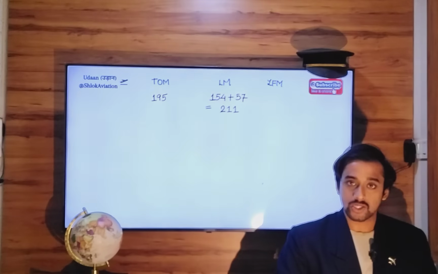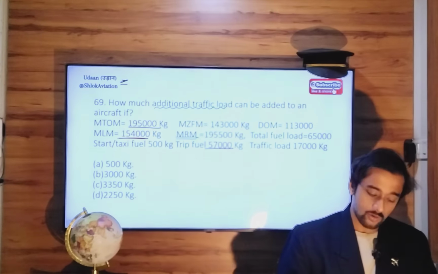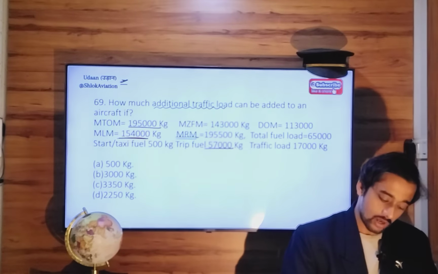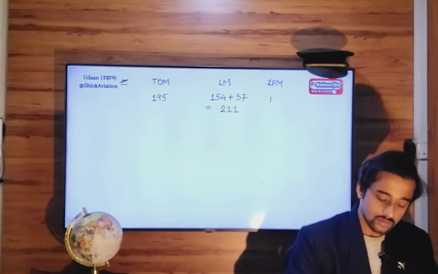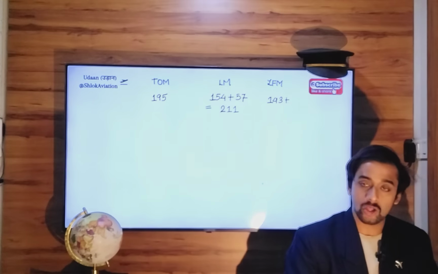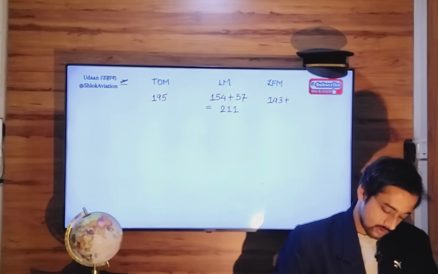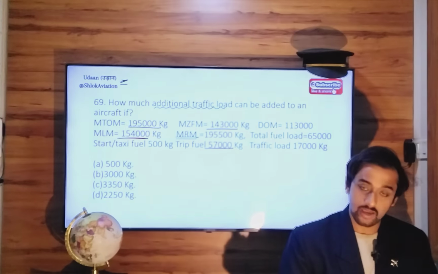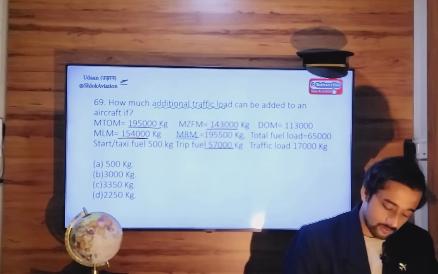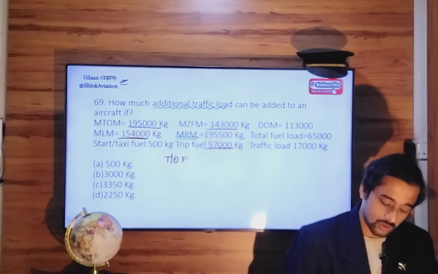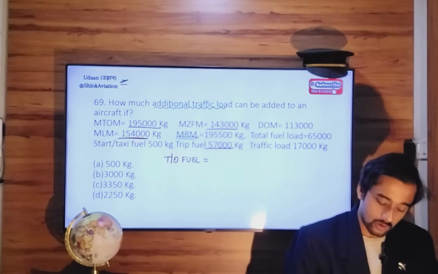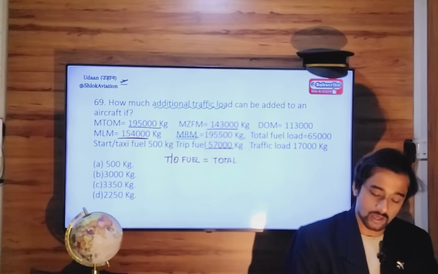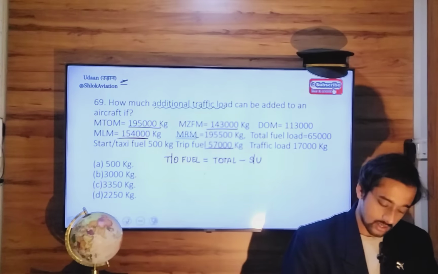Now in the zero fuel mass column, you write zero fuel mass, which is 143, plus total fuel on board or takeoff fuel, which is not given to you directly. So takeoff fuel equals total fuel minus fuel used in startup and taxi. Total fuel is 65.